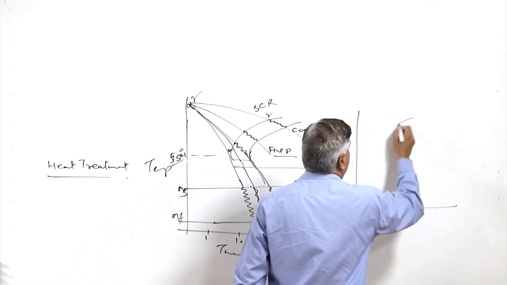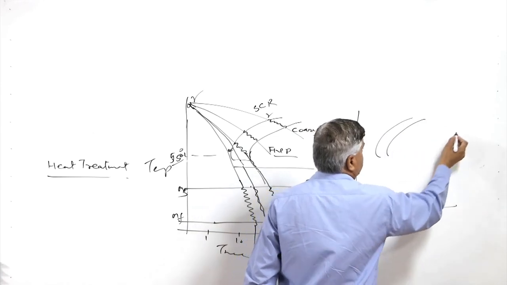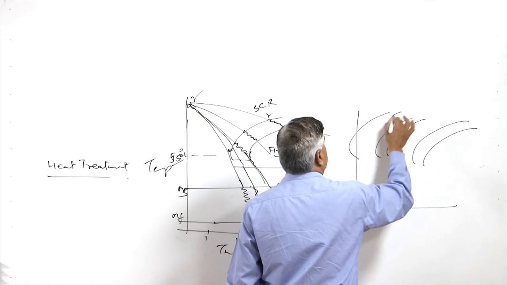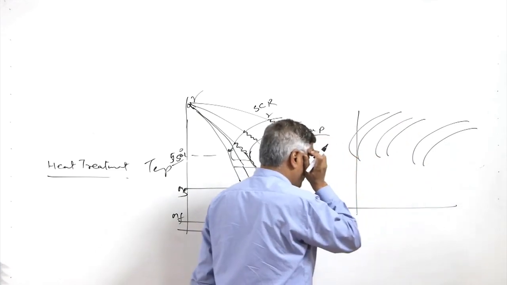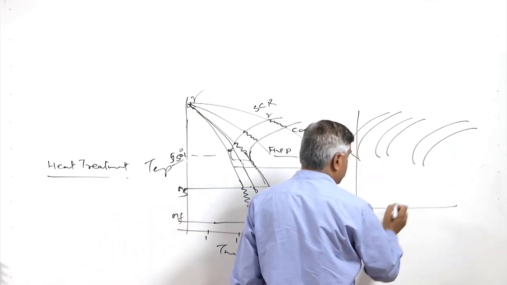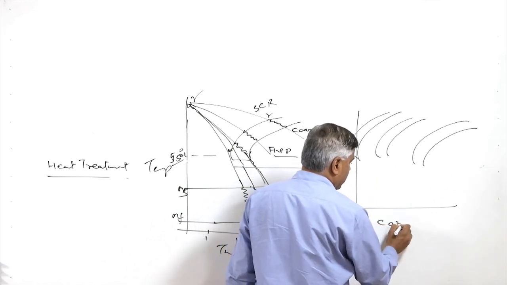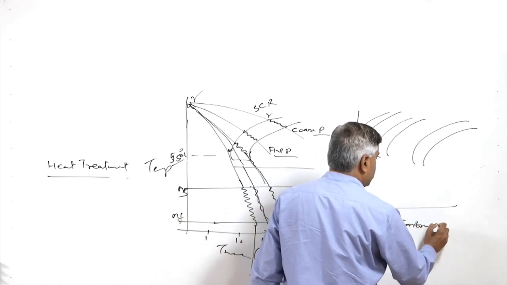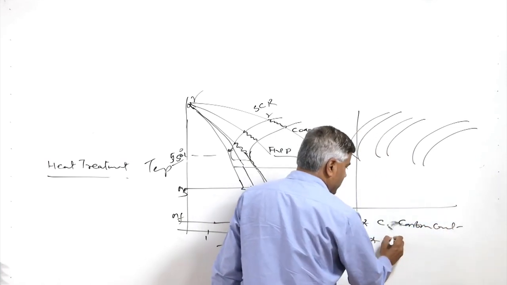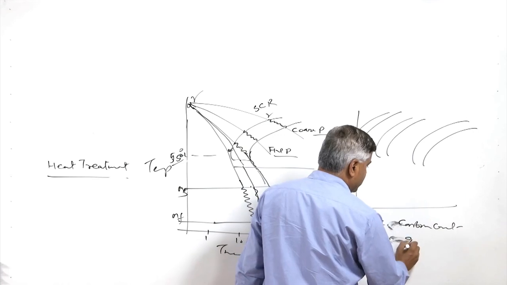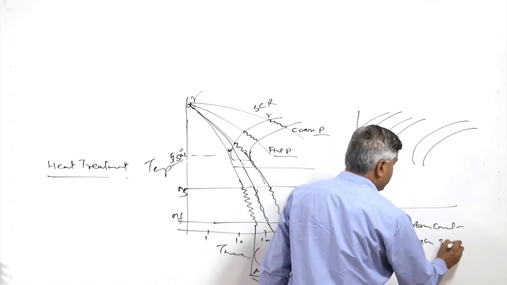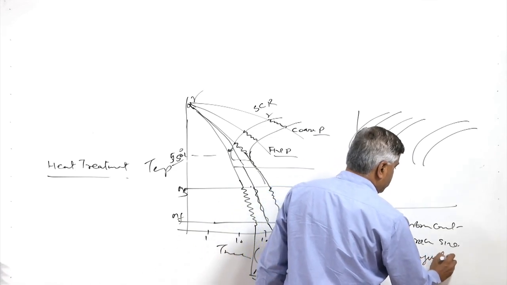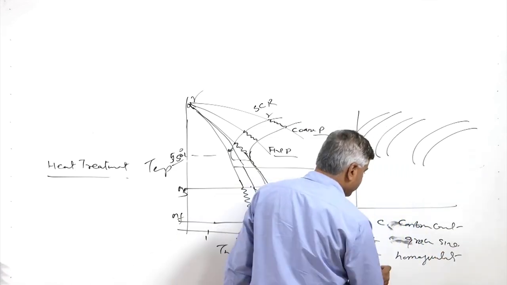This critical cooling rate is a function of three factors mainly, related with the nose of the TTT diagram, which may be like this, or it may be here, or it may be very close to the axis. One is the carbon content, second is the grain size of the austenite, third is the homogeneity of the austenite.